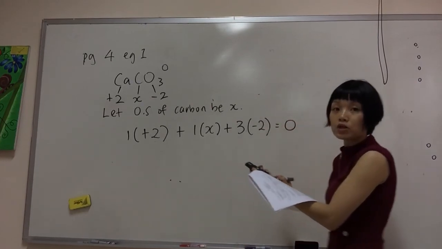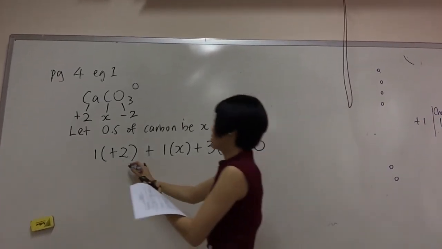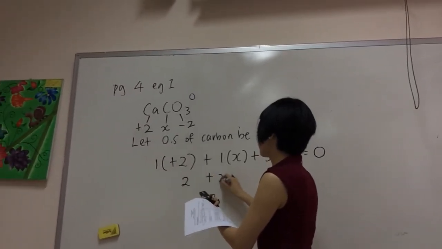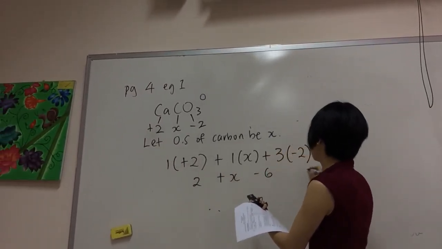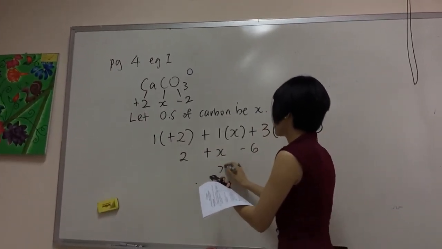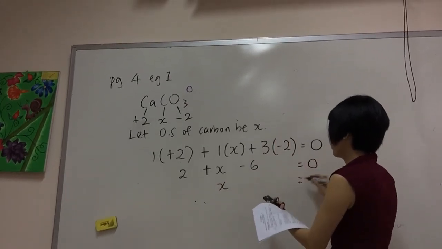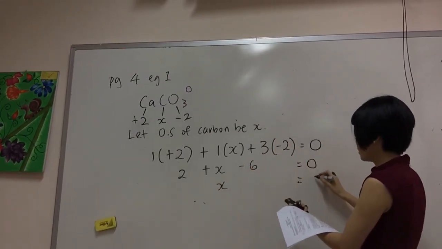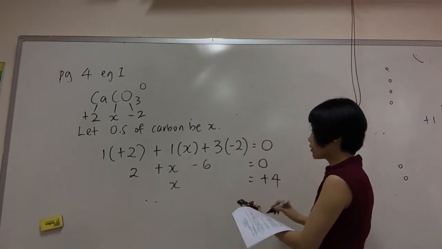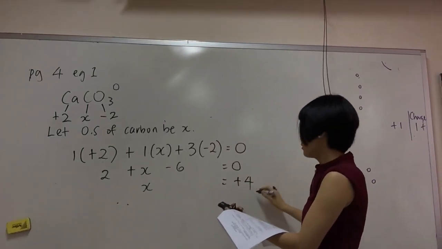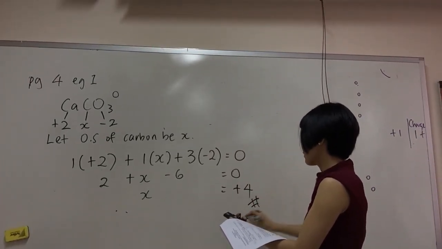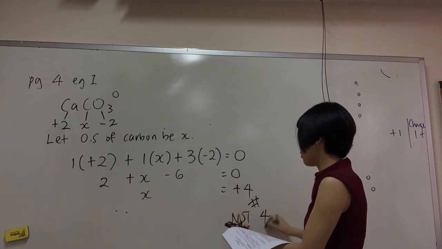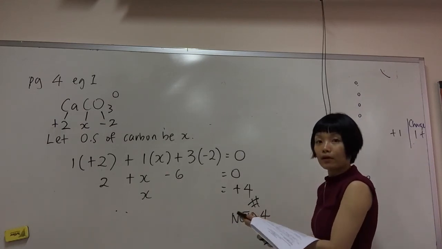Now we have this equation and we solve for X. So 2 plus X minus 6 equals 0. X will be equal to plus 4, because oxidation state has a sign. So take note, not just 4, this will be wrong.